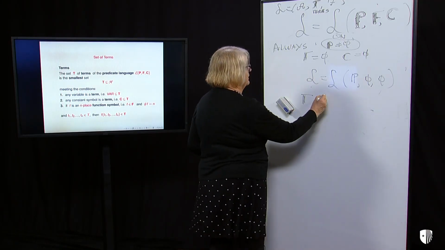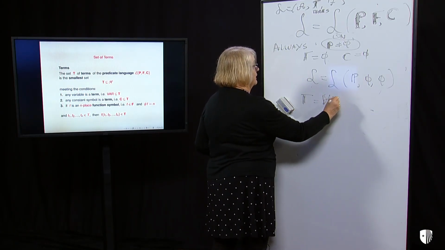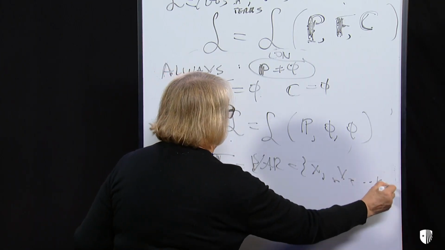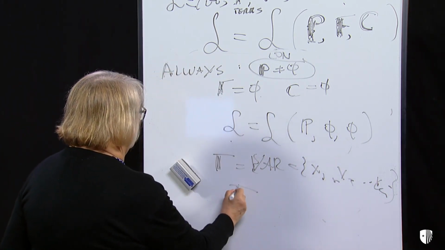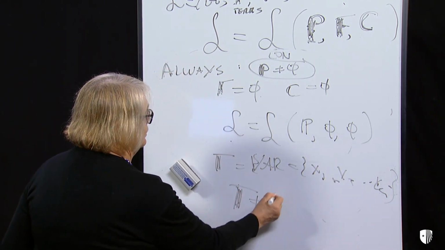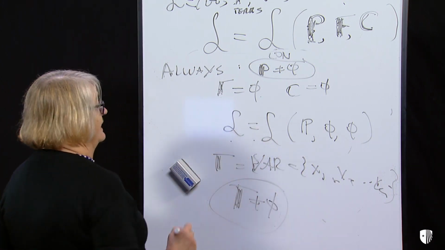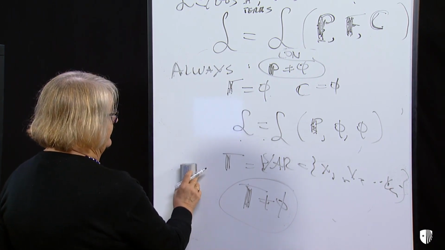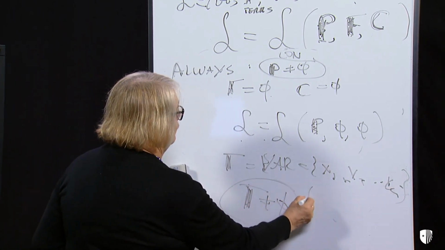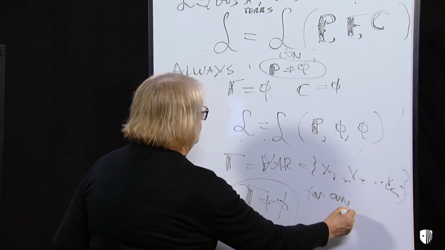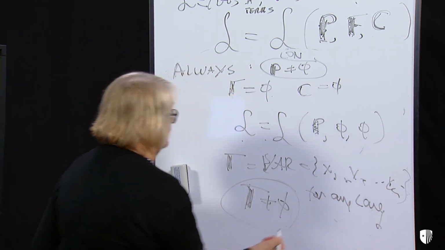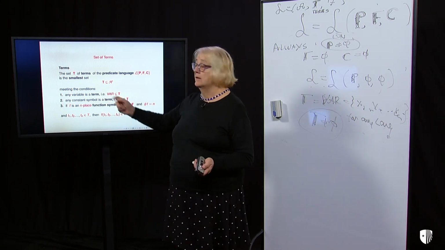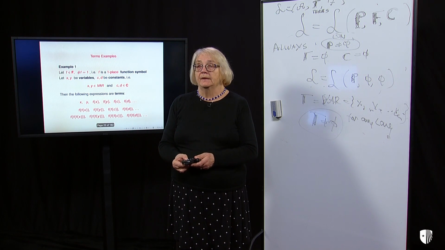Here the set of terms would be just the variables x1, x2, countably many. In any predicate language, the set of terms is non-empty, because each language contains a countably infinite set of variables.